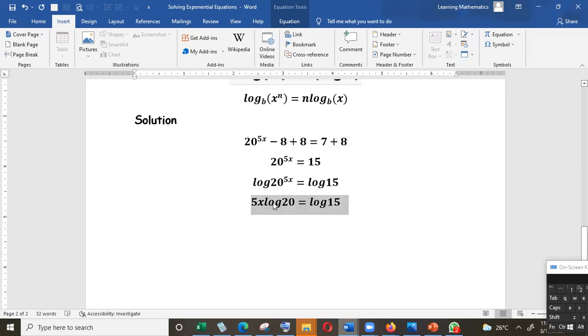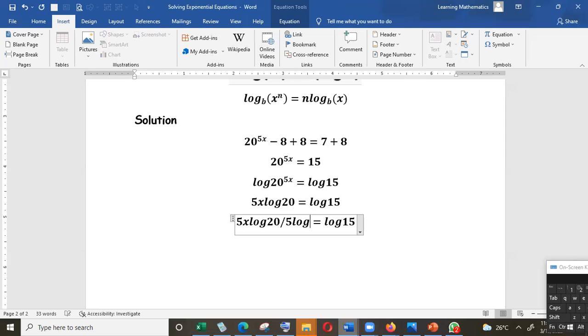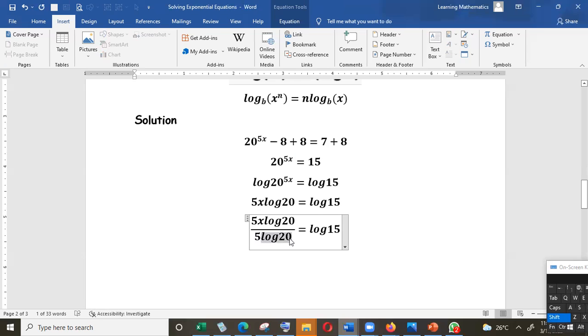This allows for the division of both sides by 5 log of 20, so that they cancel out and we get x by itself.